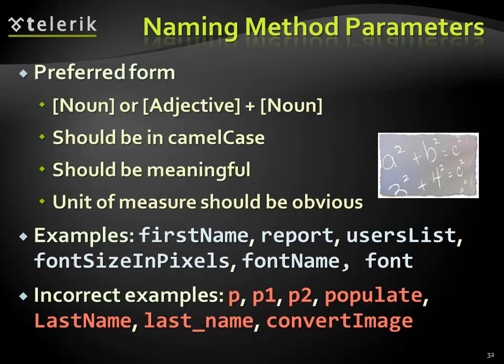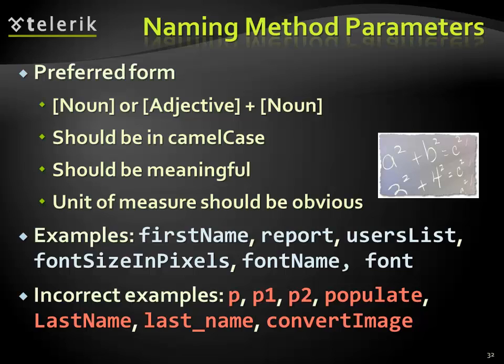When we're naming methods, we also sometimes have parameters in these methods, and these parameters are actually variables. These variables are similar to class instances, structures, and other types of intrinsic variables, but they are all local to the method. And because they are variables, they are something tangible. Their form would normally contain a noun or adjective plus noun.